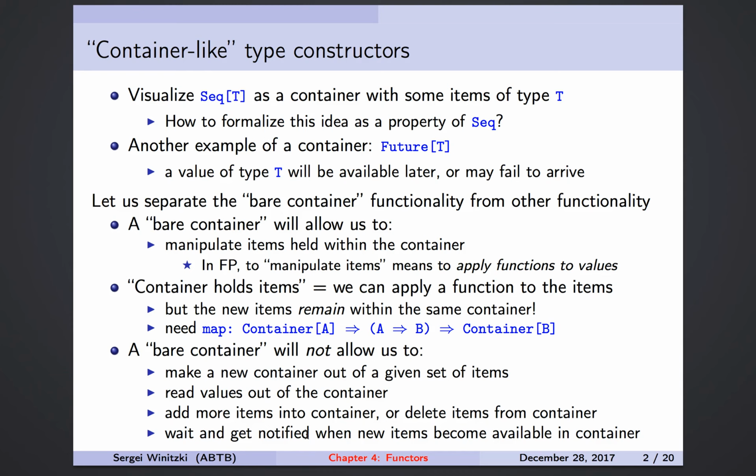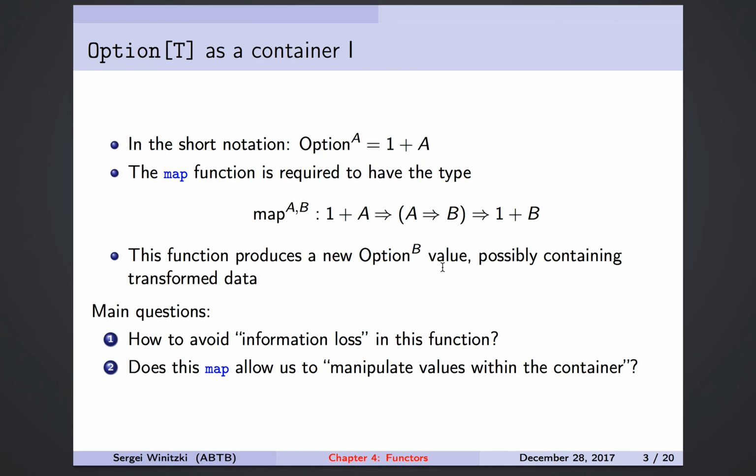I'm only going to talk about what is common to all containers, which is the bare container functionality, which is the map function. So let's consider option as an example, and I will be using this short type notation a lot because it's easier to read and to reason about.